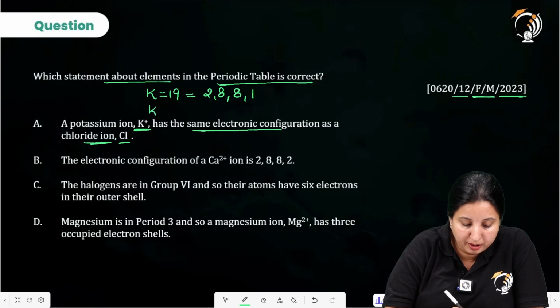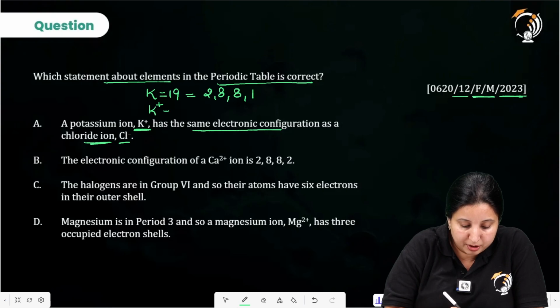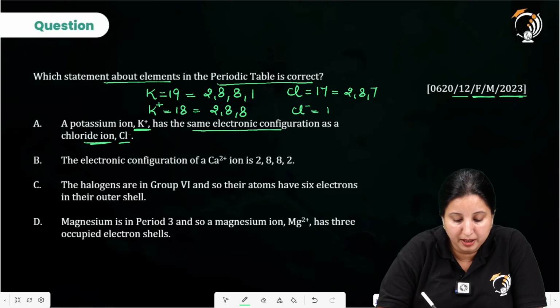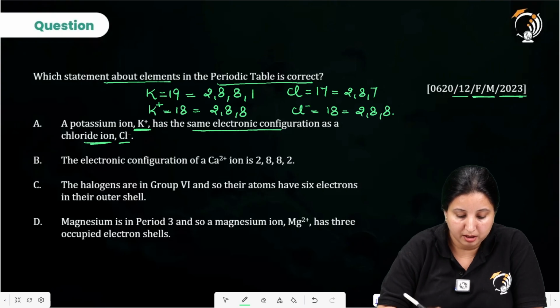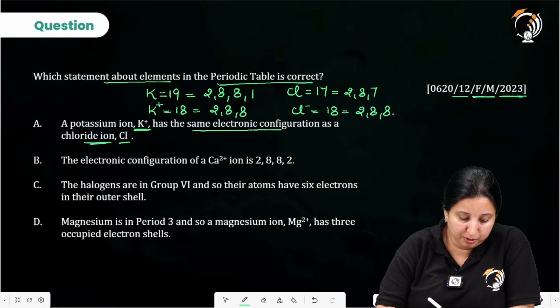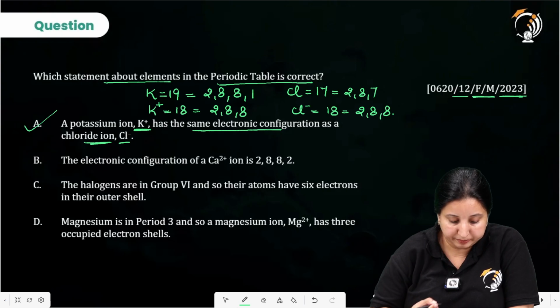But when I am talking about the potassium ion, means one electron is being taken. So now it becomes 18. So configuration becomes 2, 8, 8. Chlorine, it's 17. So it is 2, 8, 7. Cl minus means one electron is taken. So it becomes 2, 8, 8. So if I look, they have the same configuration. So option A is going to be my answer.